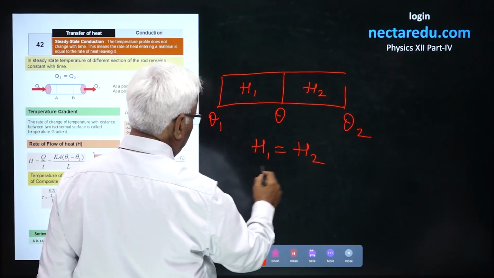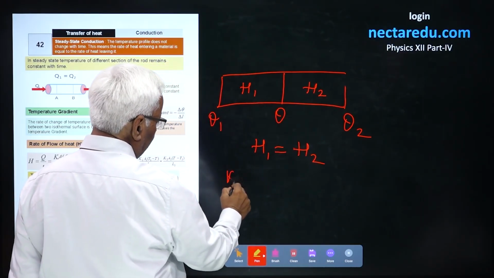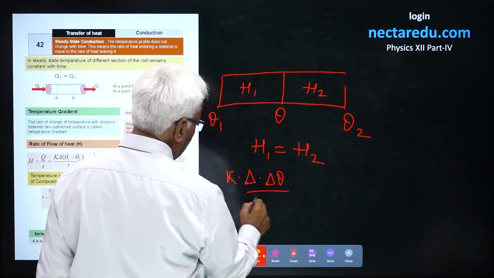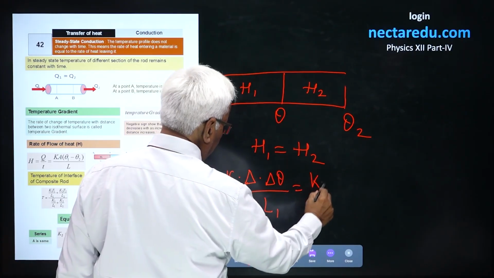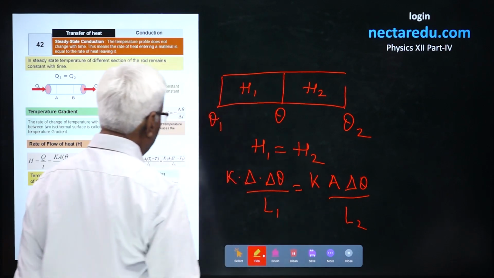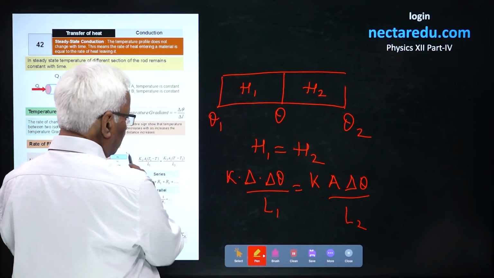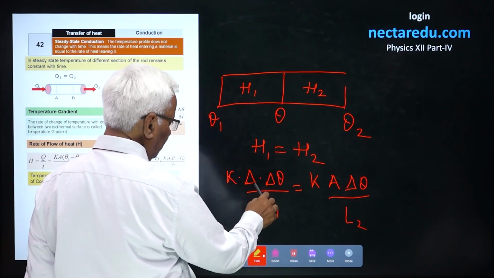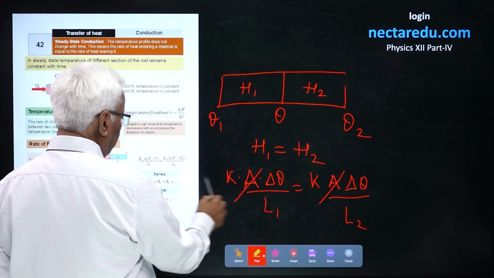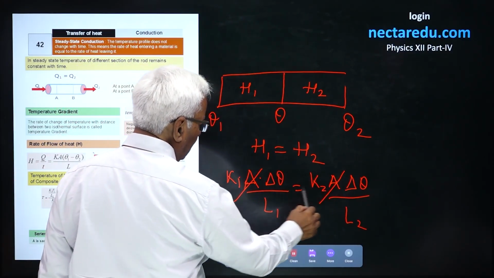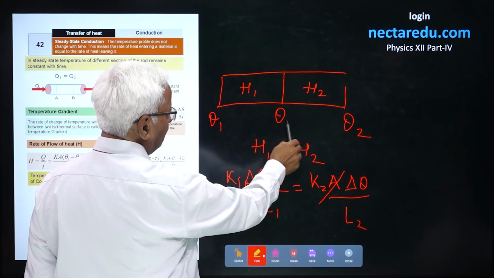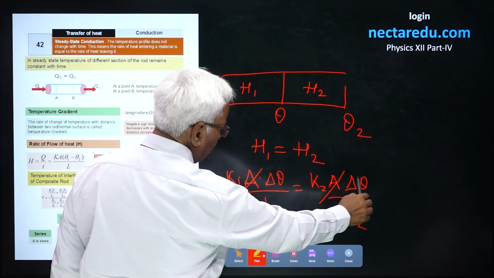If we put the values of H, that K A delta theta upon L1 by using this relation, since they have been used in series combination, area will necessarily be equal, and if area is equal, the two would be cancelled. This is suppose having K1, this is K2, and delta theta is also going to have different value. This is theta 1 minus theta, here it will be theta minus theta 2.